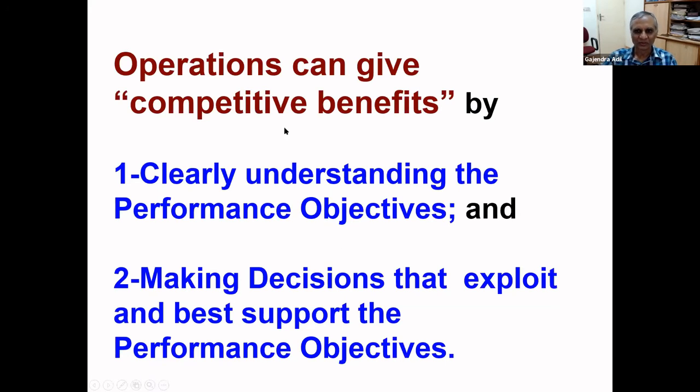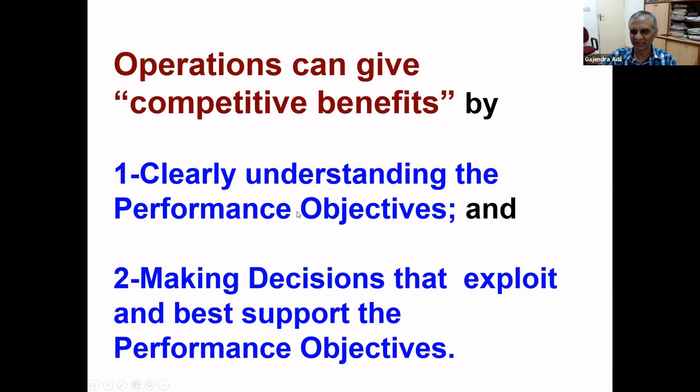So this is how you can analyze it: you understand your product market positioning, and from there you understand the performance objectives where your operations are expected to contribute more. If it's a thali, you should be contributing in price and conformance quality, and lead time, delivering very quickly, for example.